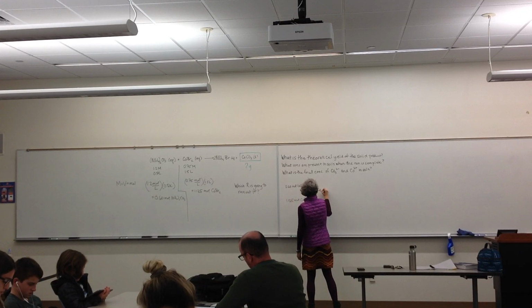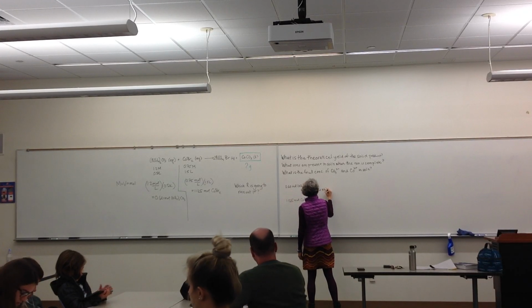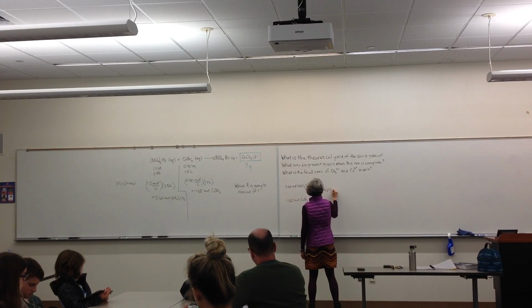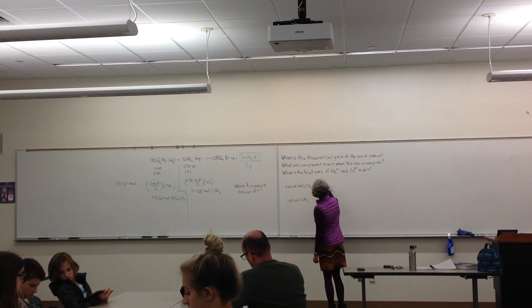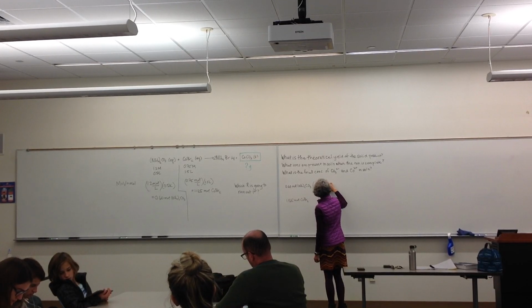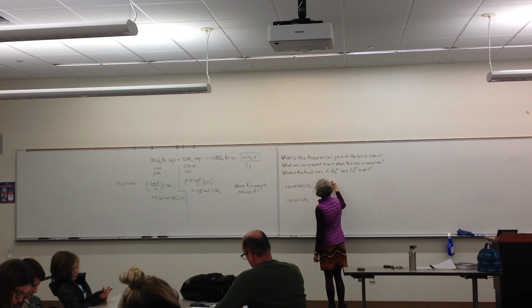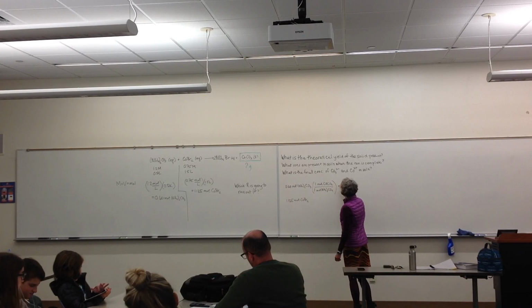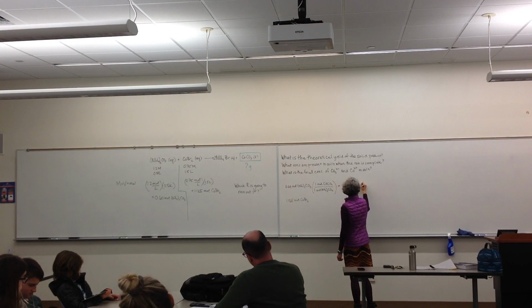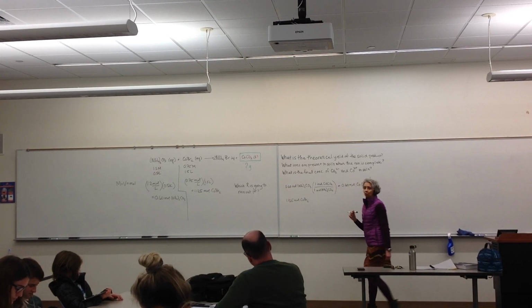1 mole of (NH4)2CO3 will produce 1 mole of CoCO3. So that means I would end up with 0.60 moles of cobalt carbonate.